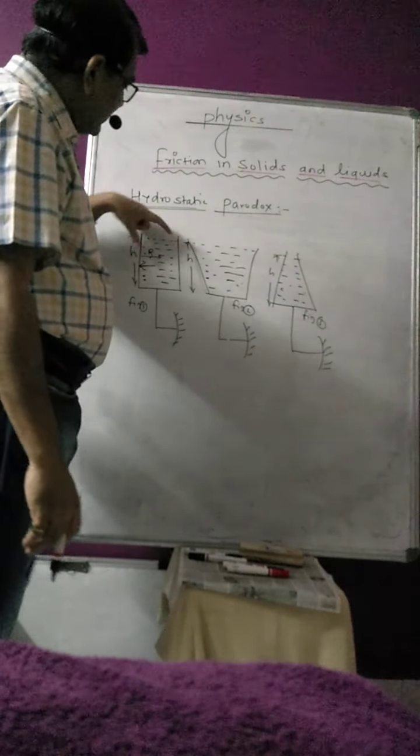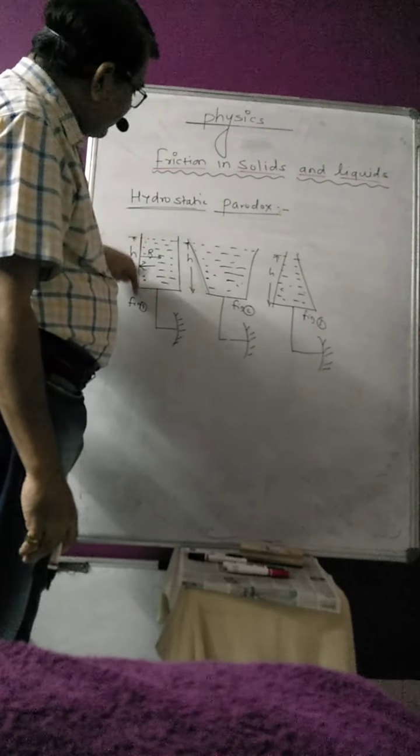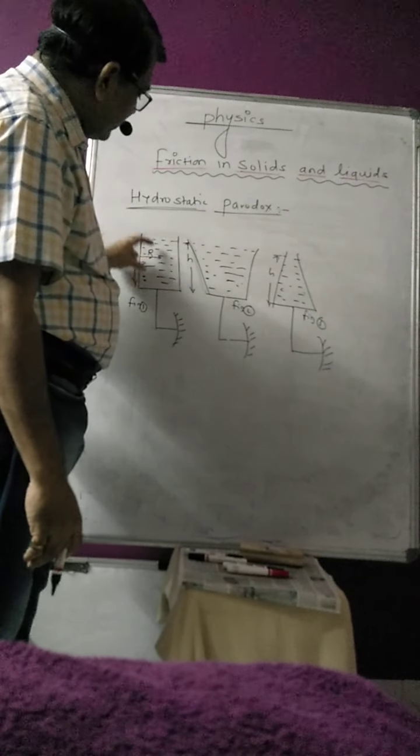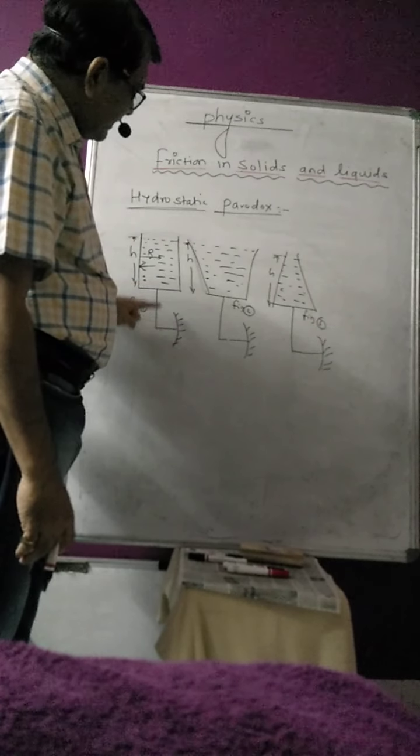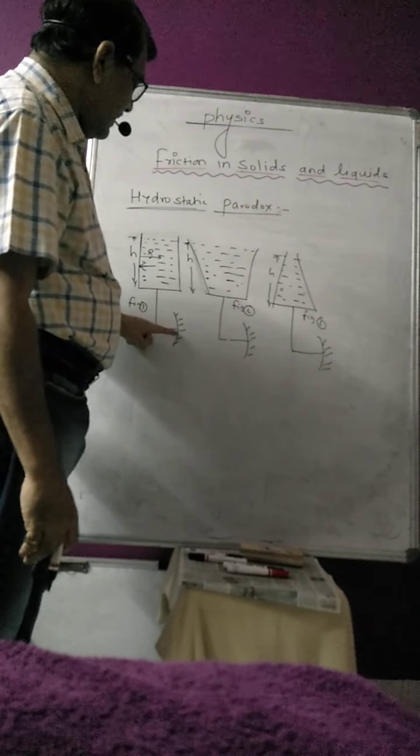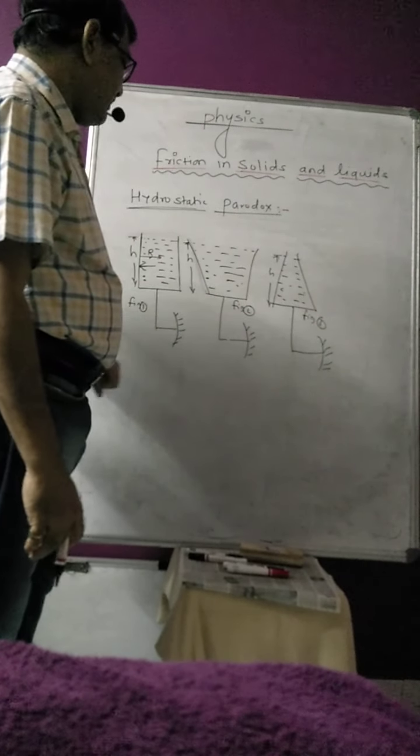So whatever liquid column of height h is there exerts the pressure, and that pressure is shown by the pressure meter. So I have measured that pressure.